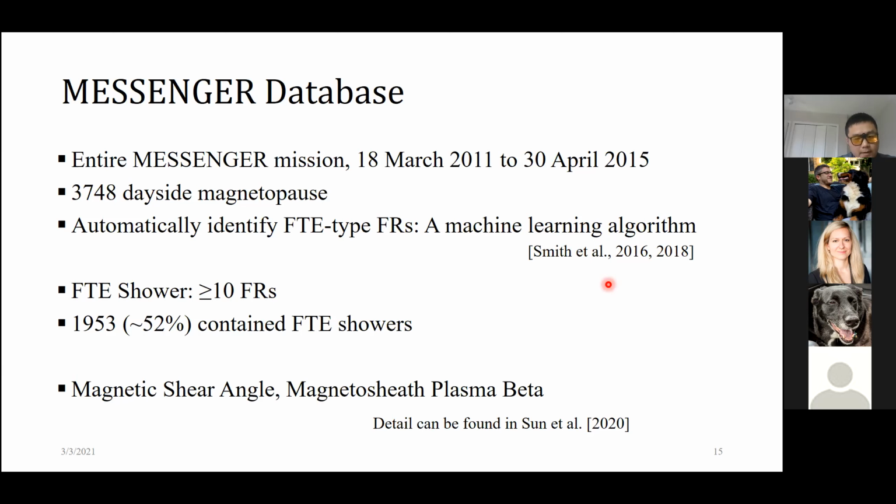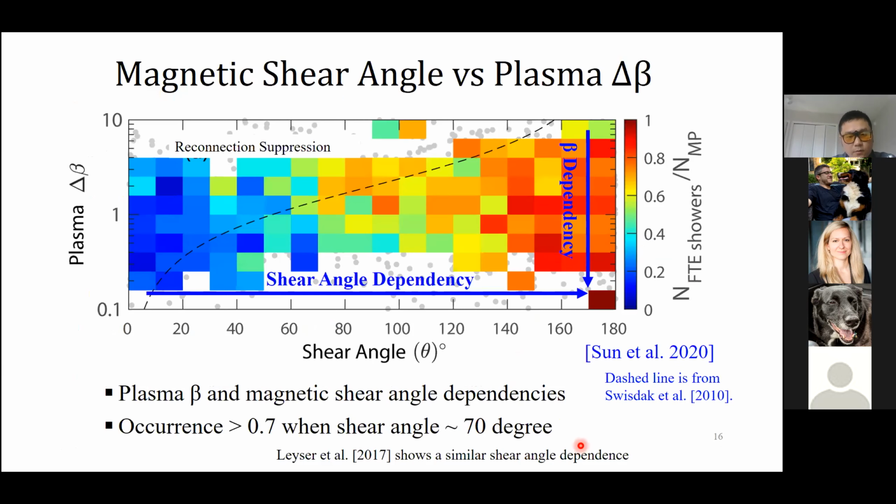Next, we arranged the occurrence of the FTE showers according to the magnetic shear angle across the magnetopause and the magnetosheath plasma beta. If you want more information on how we identify the flux transfer events, you can find it in our last year's publication. So okay, let's move to the result here.